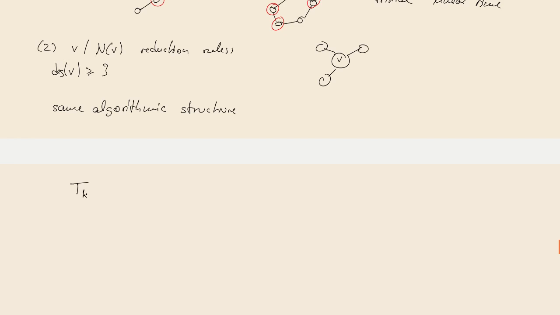So if we say tk is the size of the search space that we have to consider when the parameter is k. What I mean by size of search space is the leaves of the recursive calls.